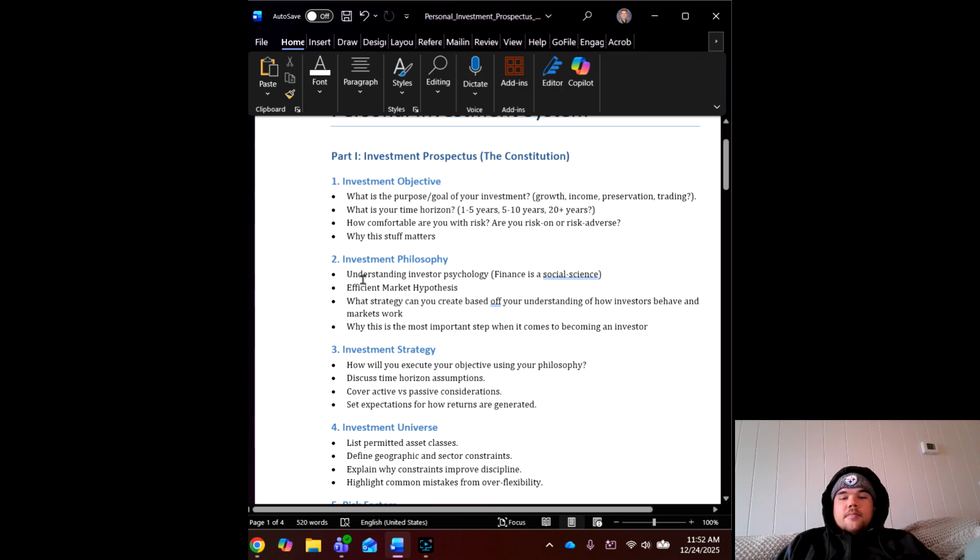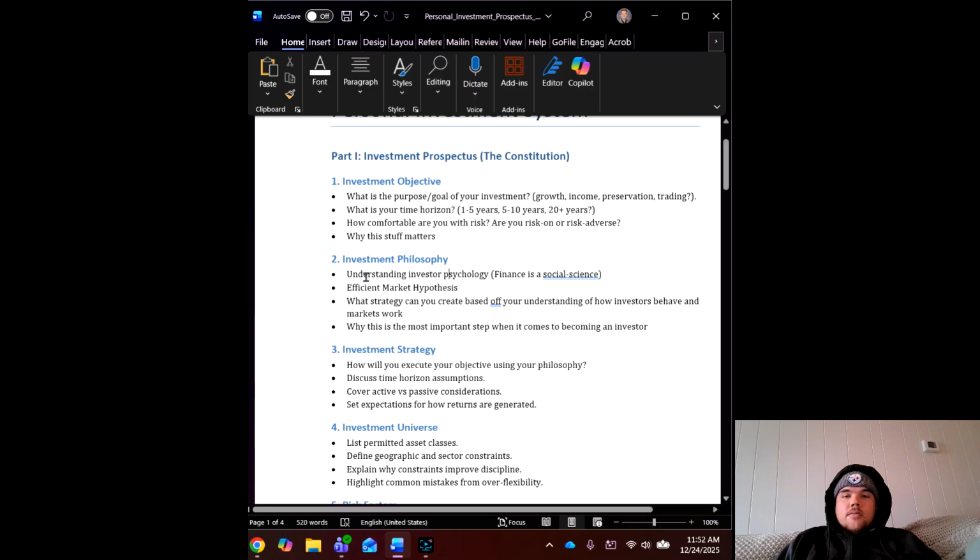And so understanding investor psychology was the first point that I made here. Going into that, there's nothing set in stone in the finance world, in the investing world. Finance is a social science. You have to understand people and understand systems as well.